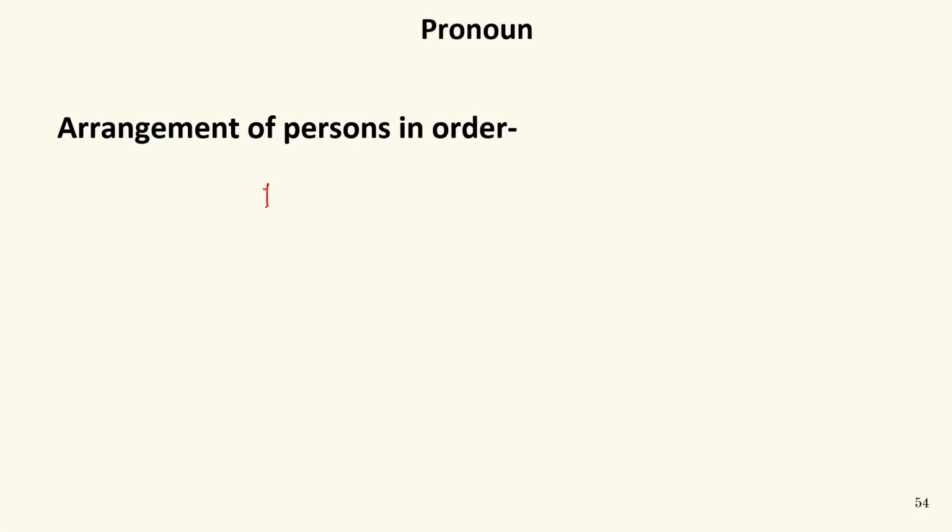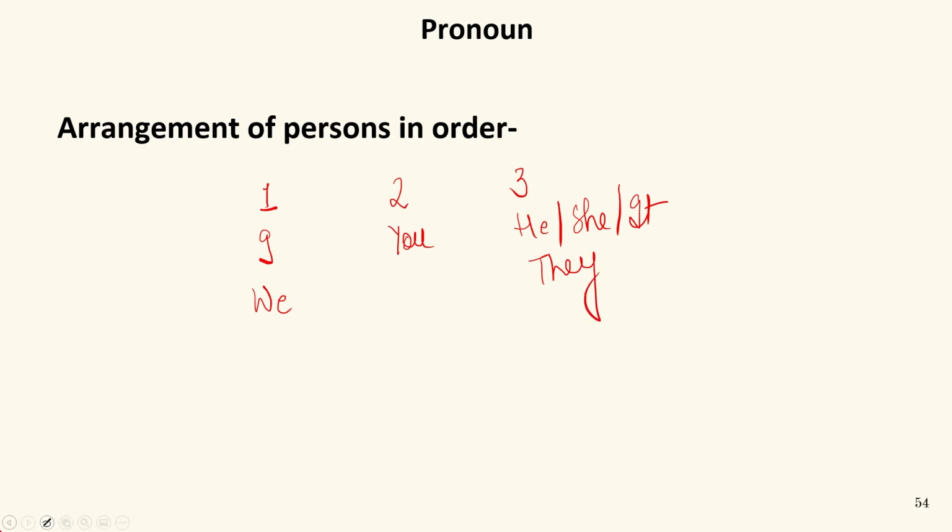We have three kinds of person: first person, second person, and third person. First person is I and we. Second person is you. Third person is he, she, it, and they. Now, these persons can be further divided into two parts.